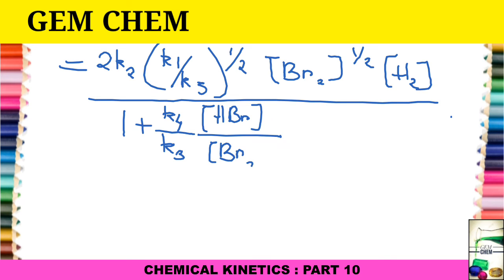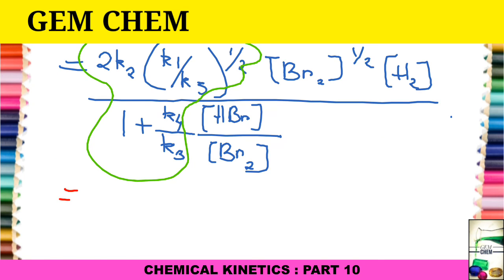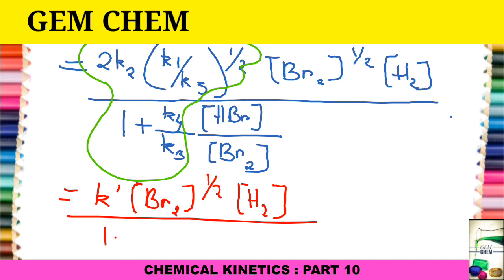We have taken the Br2 in the denominator. Ultimately, these are all constants, so we can take it like this. It is equal to K dash Br2 to the power half H2 by 1 plus K double dash HBr concentration by Br2.